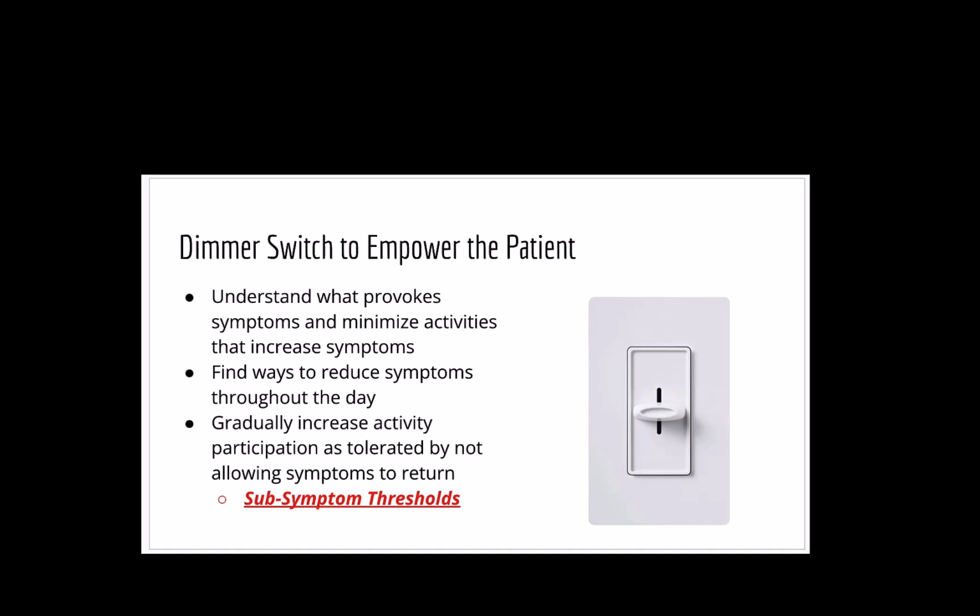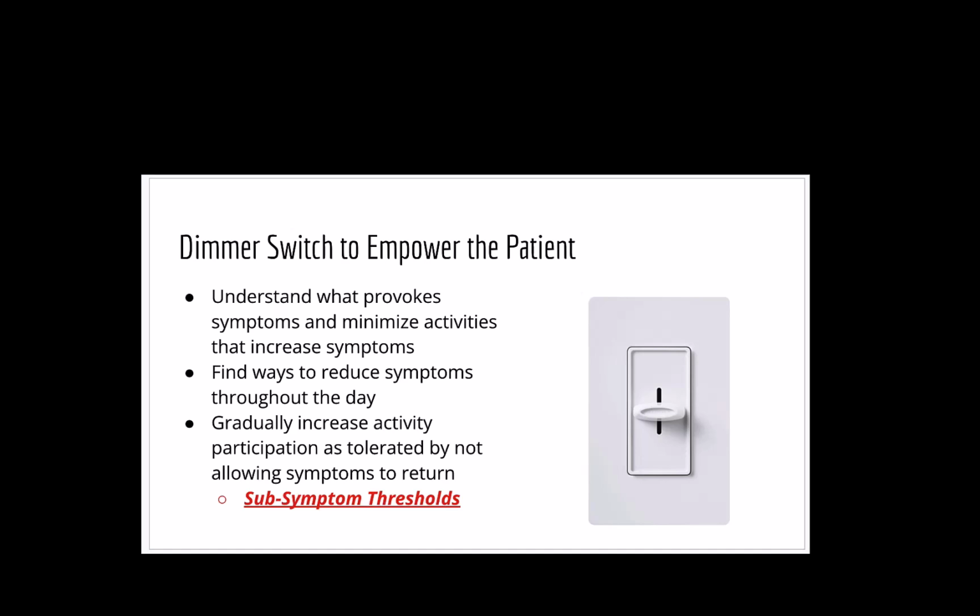So if that person comes in with a headache at a 3 out of 10 and we start doing an intervention and it moves up to a 4 out of 10, probably okay to continue that intervention. If it goes to a 5 out of 10, we're starting to monitor it even a little bit more closely. If it starts to get above a 5, then we need to ramp that activity down or discontinue it, right?